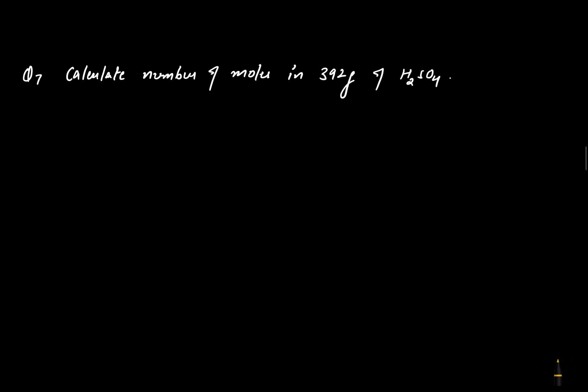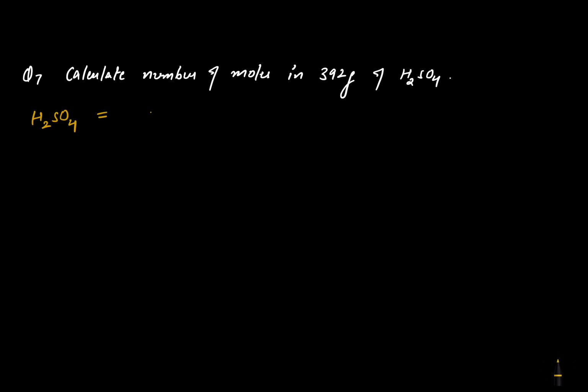Now in the seventh numerical, the question is to calculate the number of moles in 392 gram of H2SO4. So first of all, let's calculate the molecular weight of H2SO4.